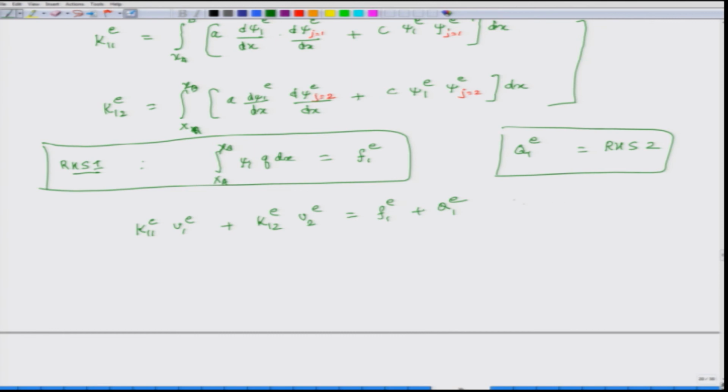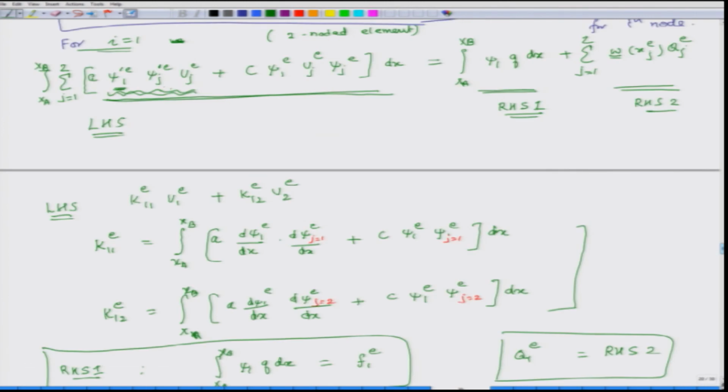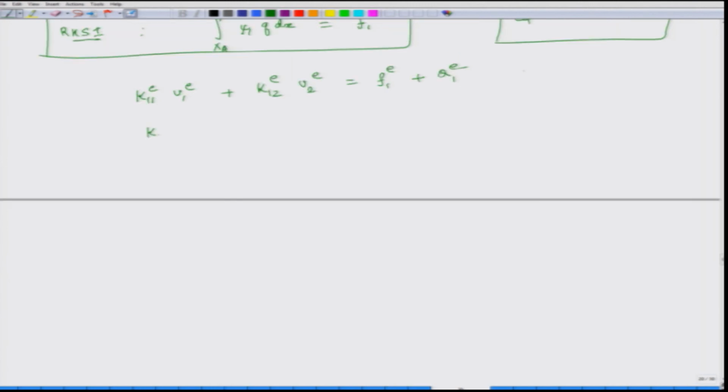I have two nodes in the element. So, I can take the second value, i is equal to 2, and I can do the same mathematics, and I will get another equation: K21 U1E plus K22E U2E is equal to F2E plus Q2E. Agreed?